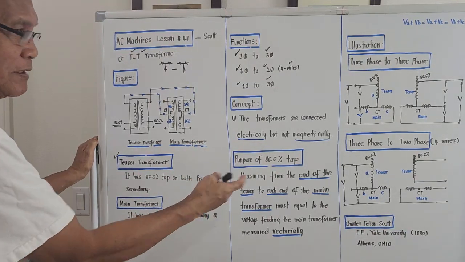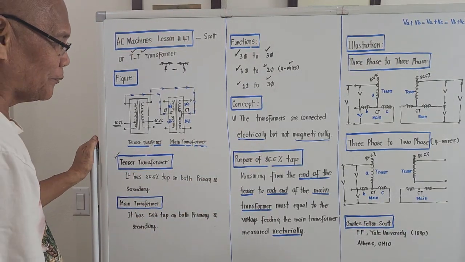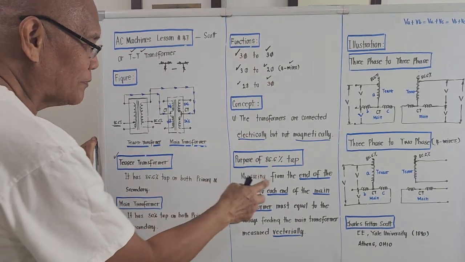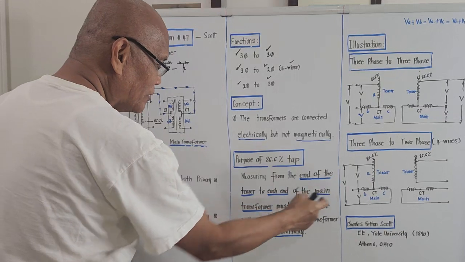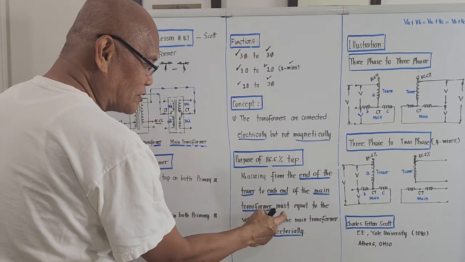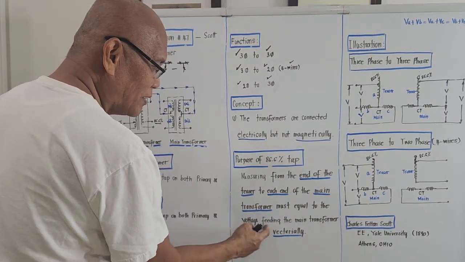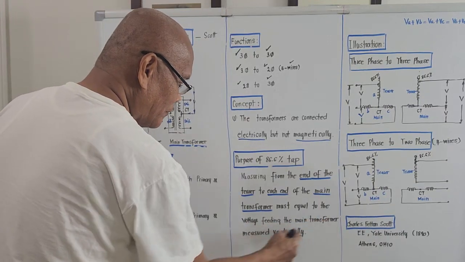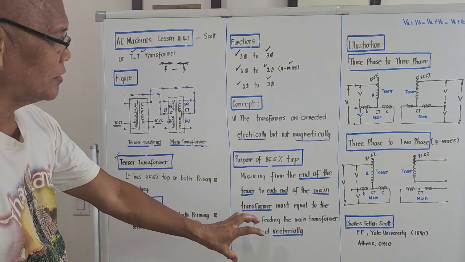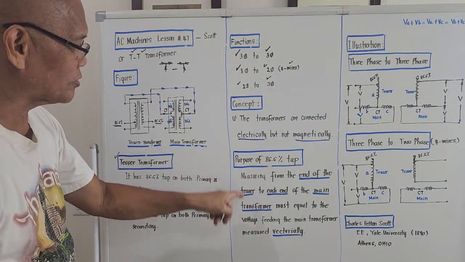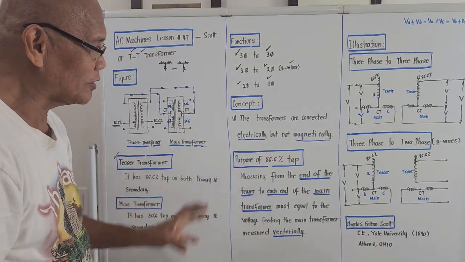I will try to read the reason behind it. Measuring from the end of the teaser to its end of the main transformer must equal the voltage feeding the main transformer, measured vectorially. This is hard to understand, but if we express this in terms of an equation, it is something like this.